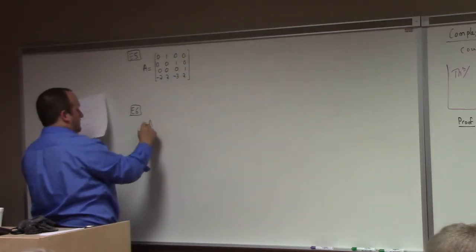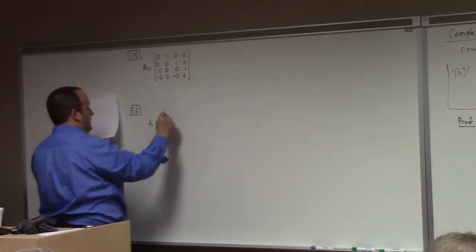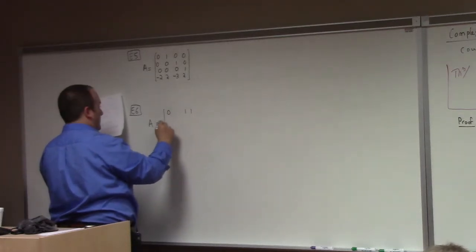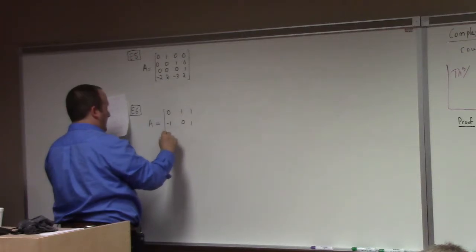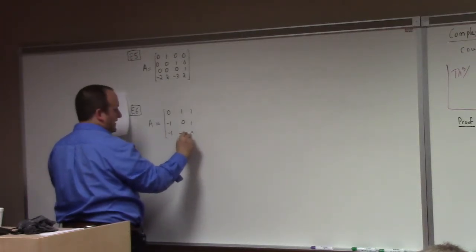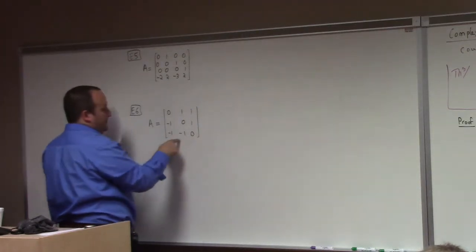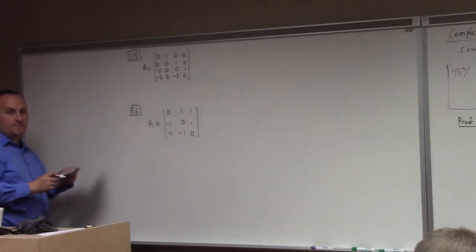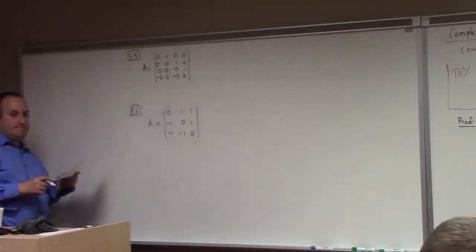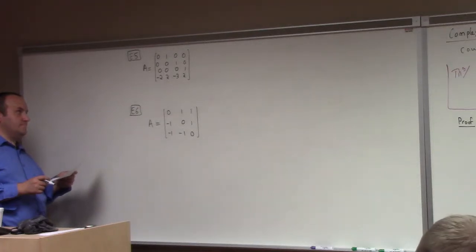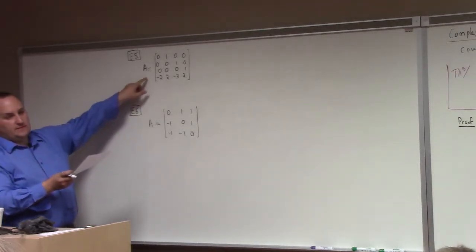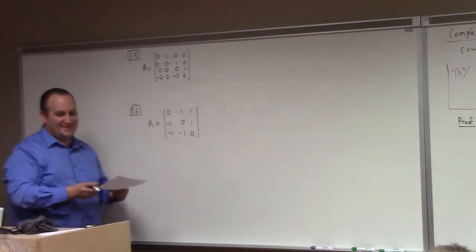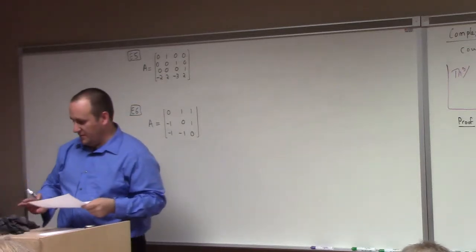And then for example 6, we're going to look at 0, 1, 1, minus 1, 0, 1, minus 1, minus 1, 0. It's kind of like the one we did earlier today, but with minuses, right? Do you guys remember seeing a matrix like this last time? I mean, yesterday? Is that at all familiar?